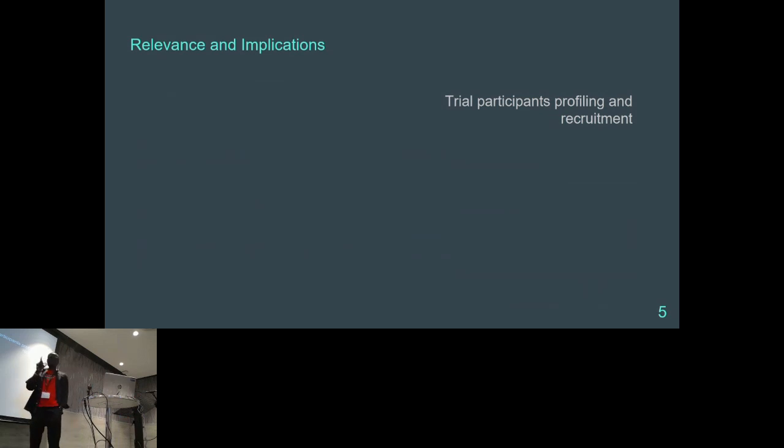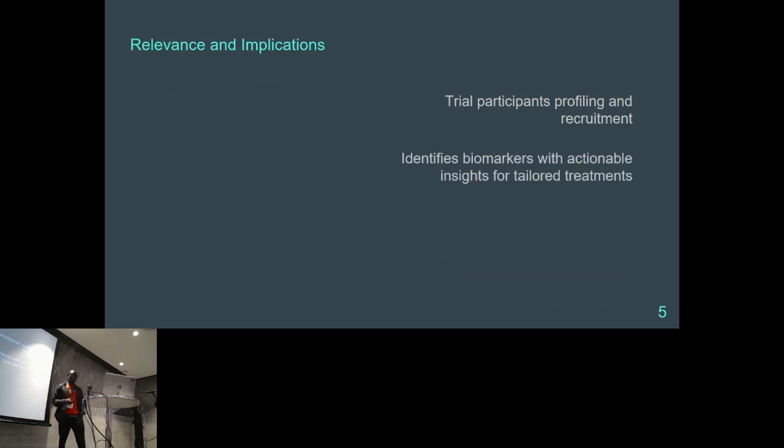And so how is this important to us? Now, this is important because sometimes, for example, when you're doing drug trials, you might be interested to trial within a cohort or a group of patients that show a particular profile in their expressions. This can be useful in identifying such a group of patients.